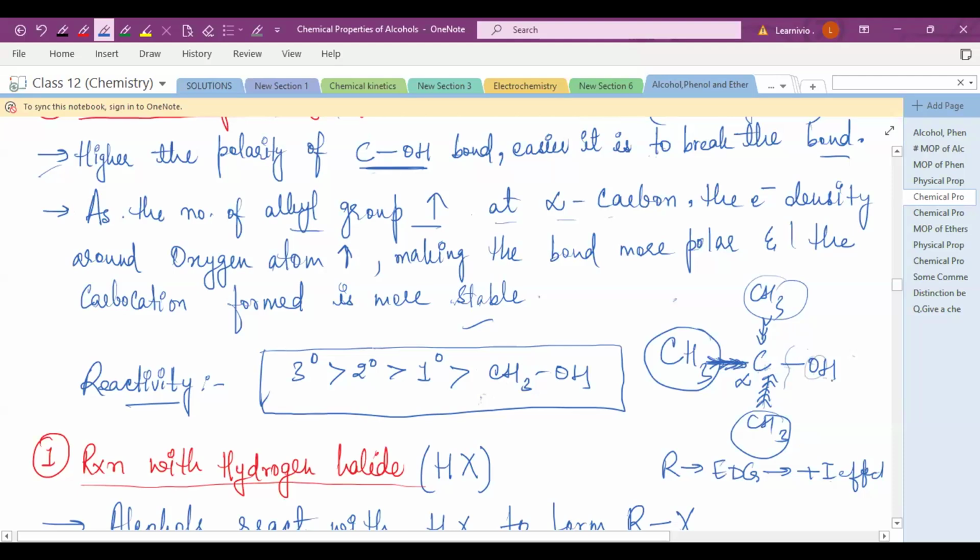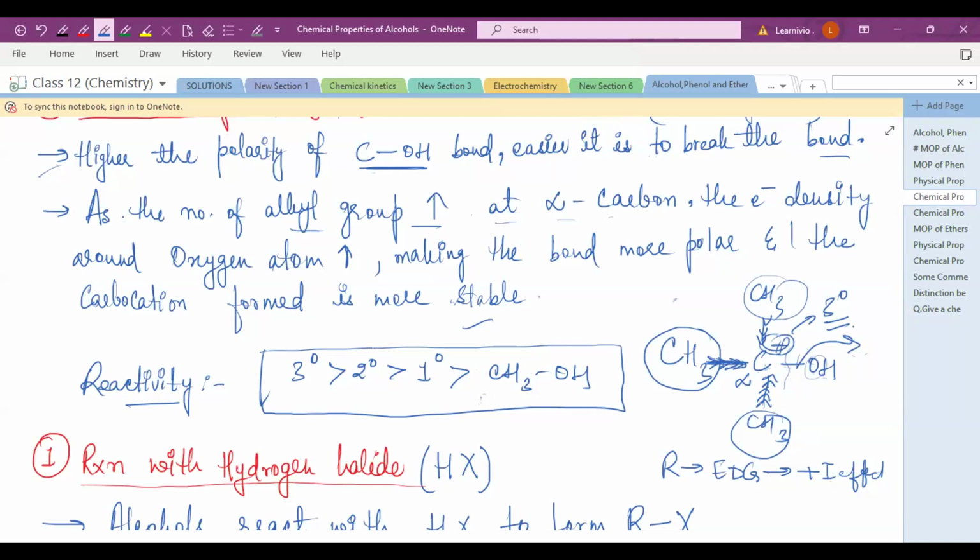And you know very well, if the bond is more polar, then it is very easy to break the bond. And when this OH is removed, the carbocation is formed. So this tertiary carbocation is more stable. Why is it more stable? Because the carbocation has 3 plus I groups.